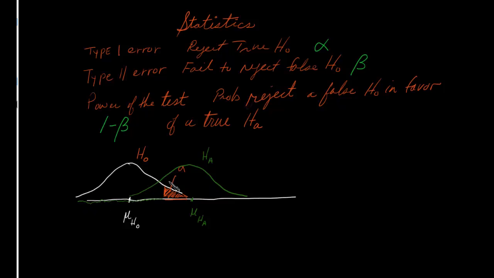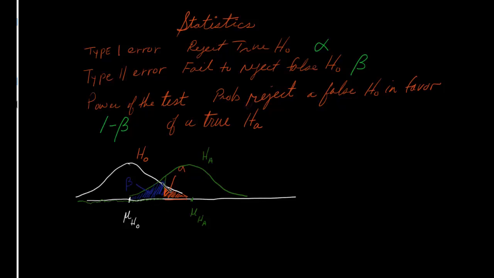Well, the probability of that happening, if HA is actually the true value of the distribution of our test statistic, the probability of failure to reject H naught would be the measure of the area right in here. So this area would be beta.